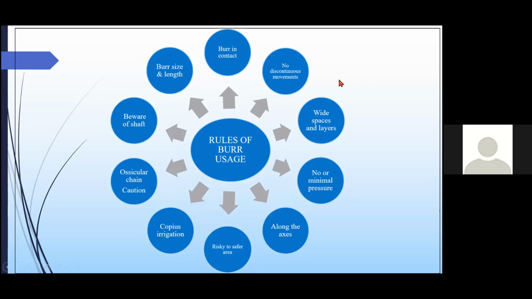There should be a continuous movement, with no break, in a wider area and layer-wise. This helps us to get a wide space. We should never create a pit or a hole, because that will be dangerous, as other important delicate structures or landmarks are not visualized.